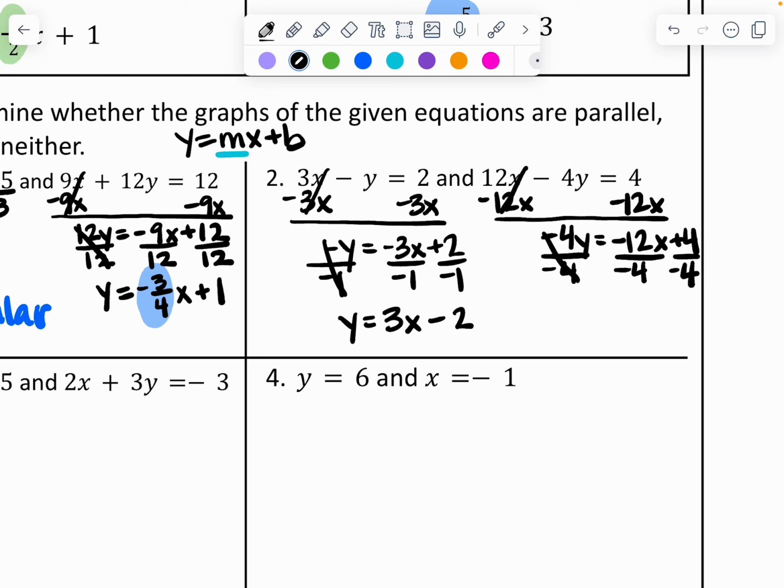So if you're not sure about that, go back to the video where we learned how to convert standard form to slope-intercept form. Y equals positive 3x minus 1. So you can see that these two equations have the same slope. The slope is 3. That makes these lines parallel.